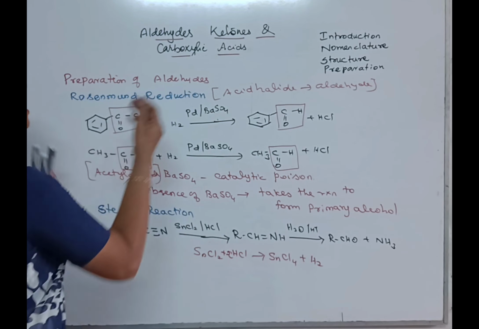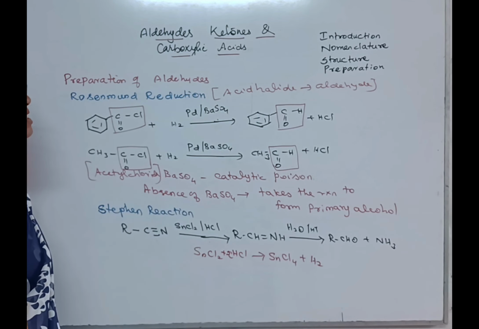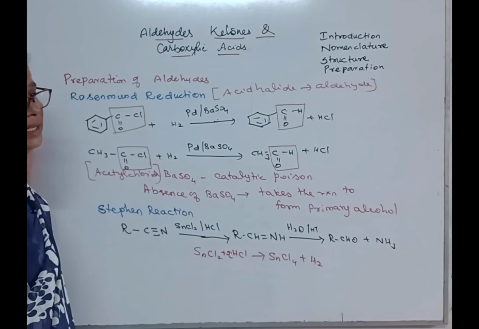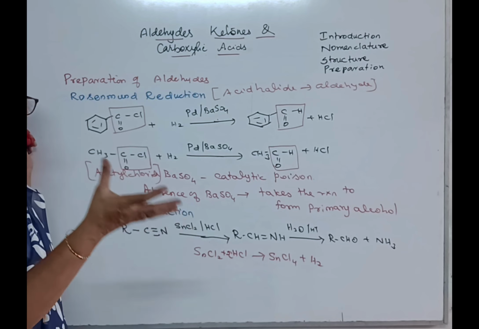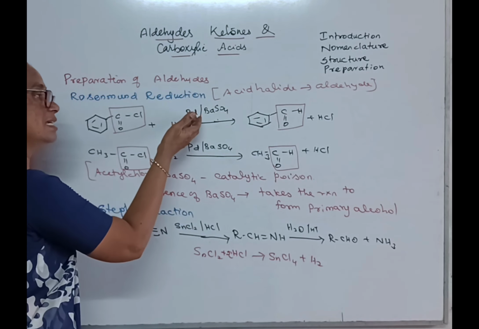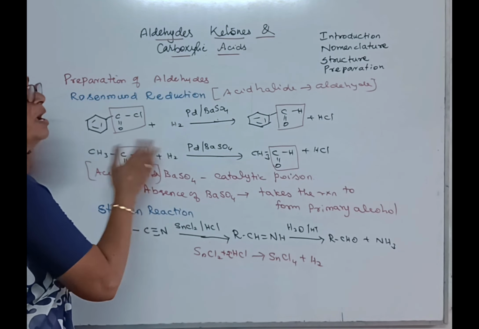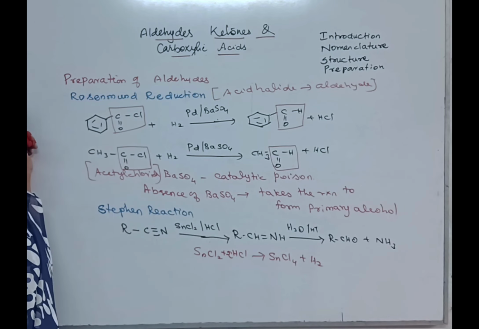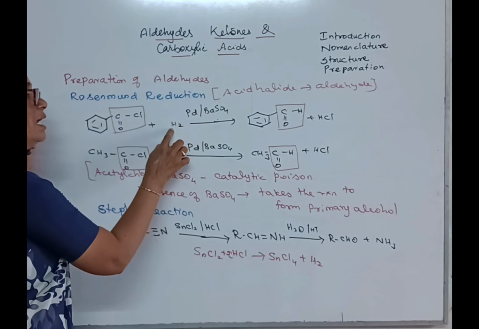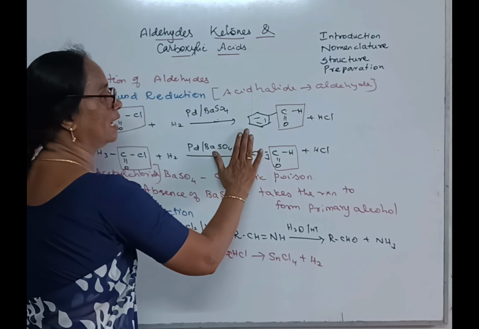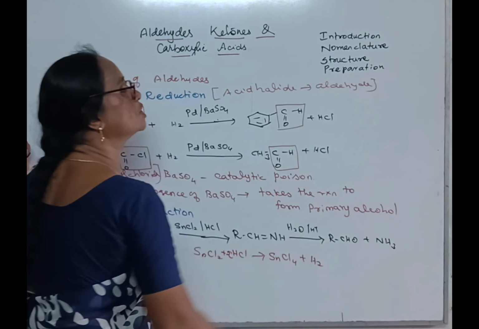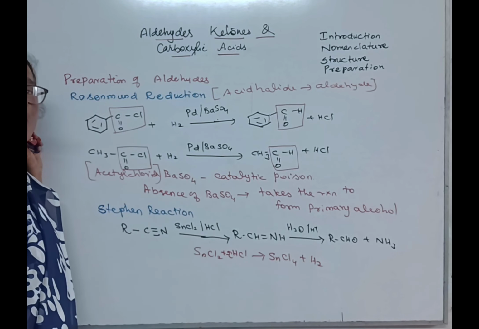Why are we taking barium sulfate over palladium? Palladium is a catalytic reducing agent, and this catalyst can absorb a large volume of hydrogen. When it acquires a large volume of hydrogen, we do not get the aldehyde. Instead, the reaction will proceed up to the formation of alcohol.